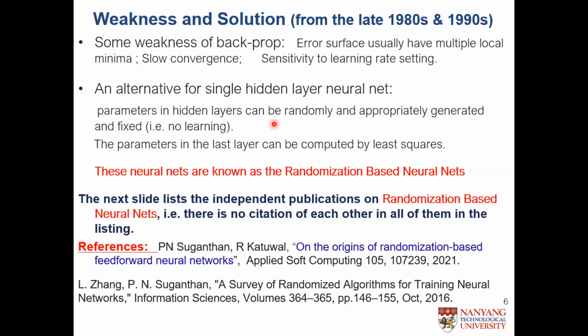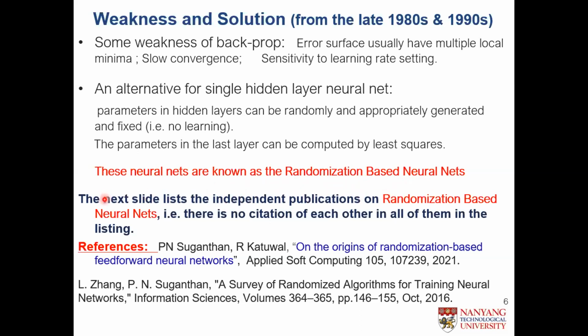Parameters in hidden layers can be randomly generated and kept fixed. So there is no training. Only the parameters in the output layer need to be computed, and for that you can just make use of least square solutions, and you have a closed form solution with a global optimum. All these networks are collectively known as randomization-based neural networks.